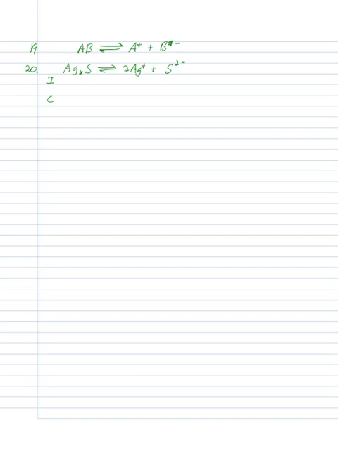We're just going to ICE box that. I'm going to have lots of the silver sulfide, none of the silver and none of the sulfide. I'm going to lose X amount of the silver sulfide and gain X amount of the sulfide. Still lots of solid, 2X of the silver, X of the sulfide.